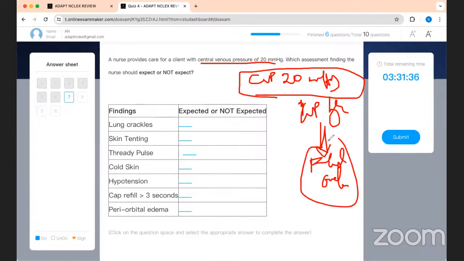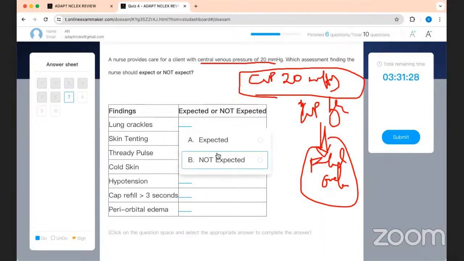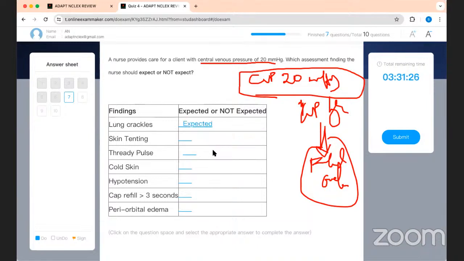Fluid overloaded. Now look at this and see if it is consistent with fluid overload. Lung crackles, well, I should expect you to have lung crackles if you are fluid overloaded. Skin tenting, no, I don't expect your skin to be tented like that.